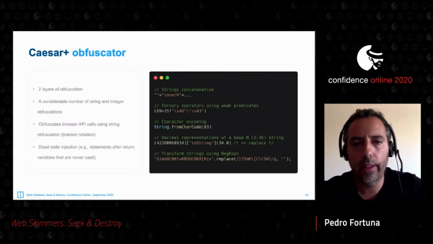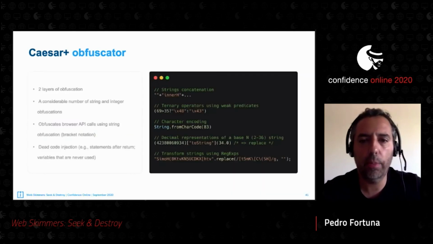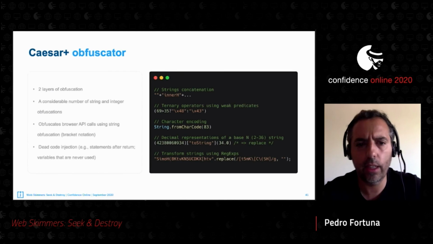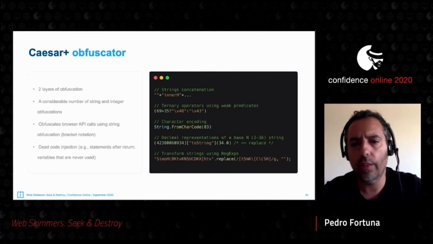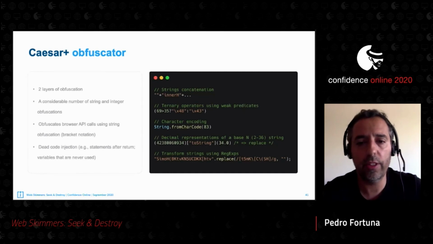This particular obfuscation presents two layers of obfuscation that I will detail next. It uses different techniques to obfuscate strings and integers. For instance, they are converting a number to a string, to the base 34 representation of that number.